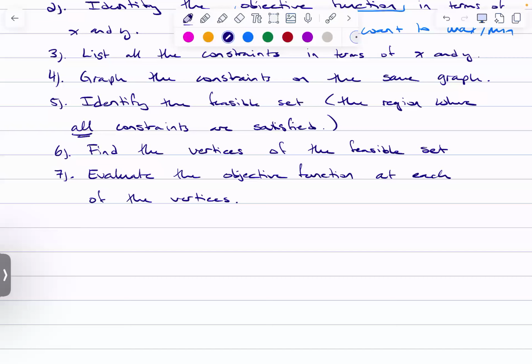The vertex that either maximizes or minimizes your objective function is the solution.